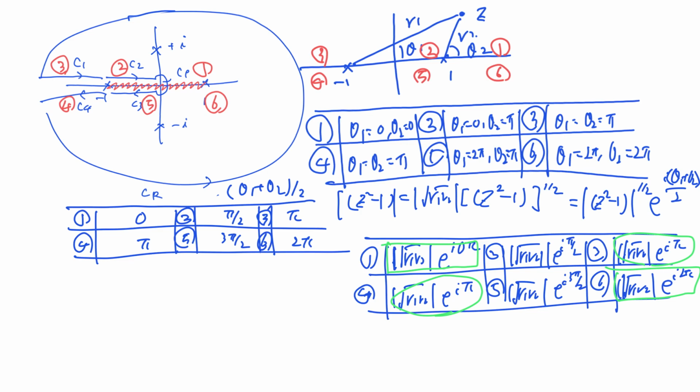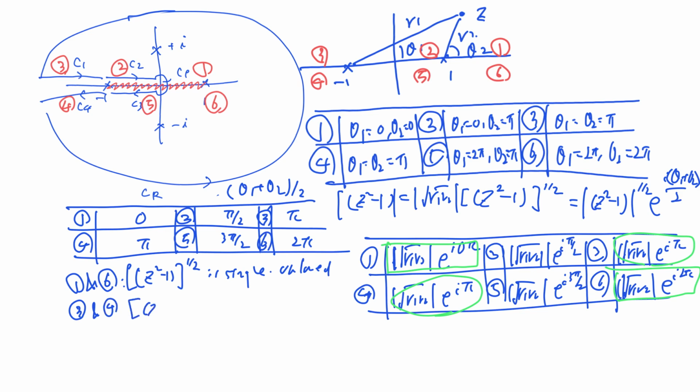So 1 and 6 are single valued. And 3 and 4 again is single valued, right?